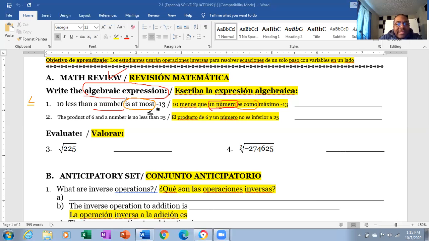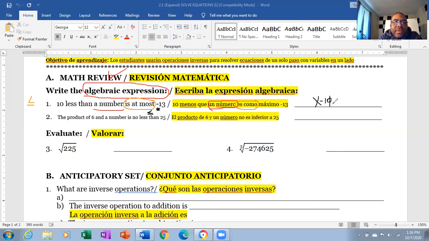All right, so 10 less than a number. So a number will go with X, and it's 10 less than a number. So it's X minus 10, 10 less than a number. If I said that I'm 50 and you're 40 less than me, that means 50 minus 40.